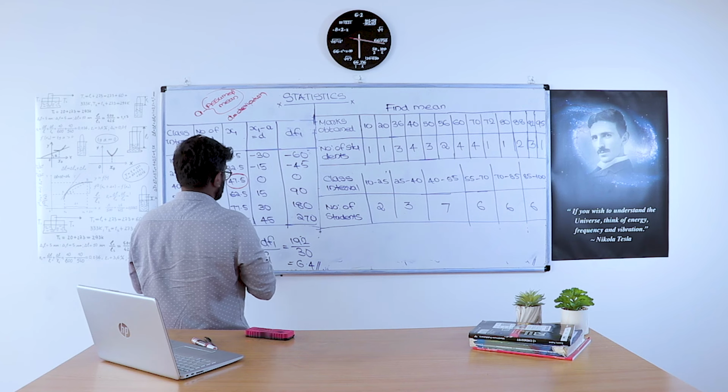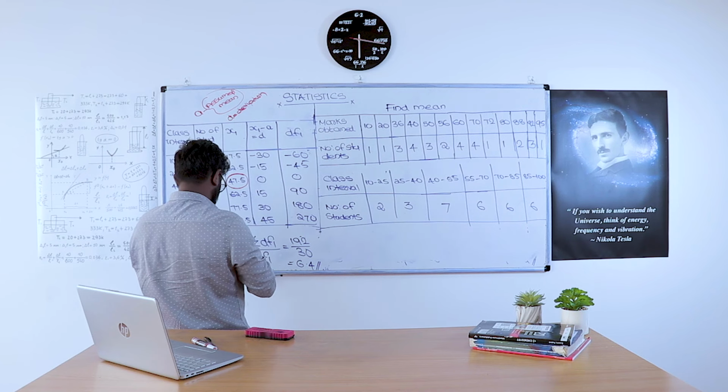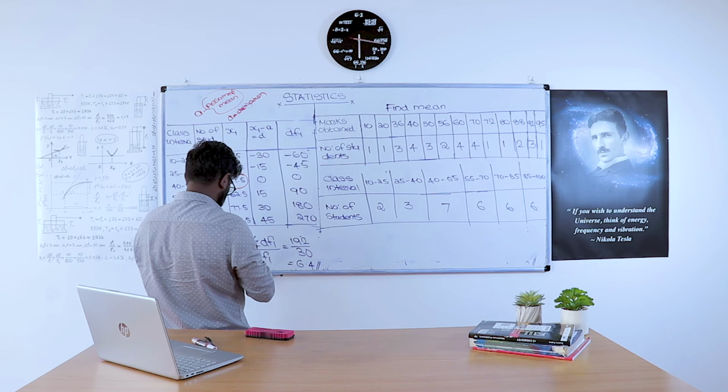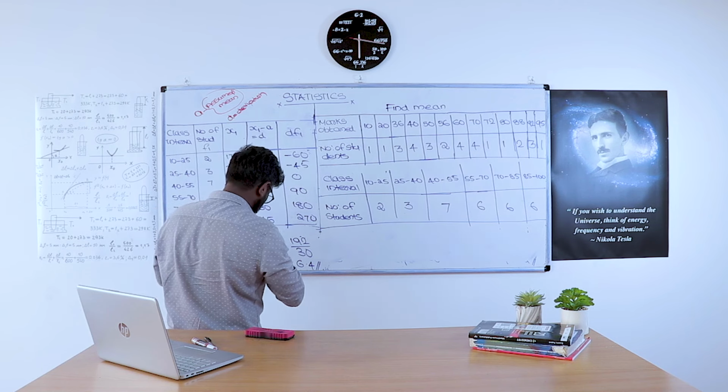So I will check once again. 90 plus 180 plus 270 minus 60 minus 45. It's 435. It is not 192.